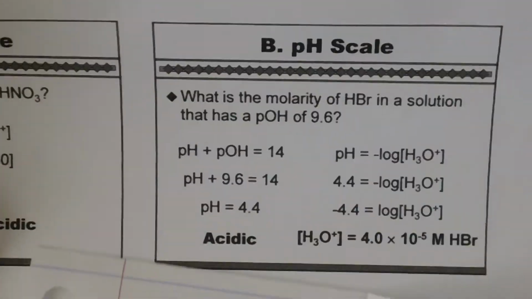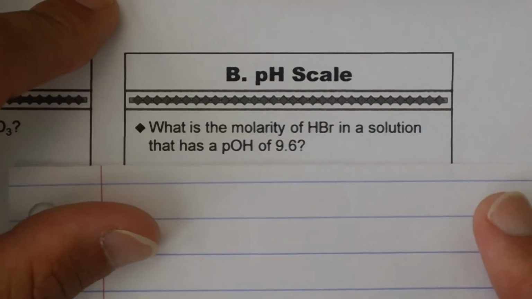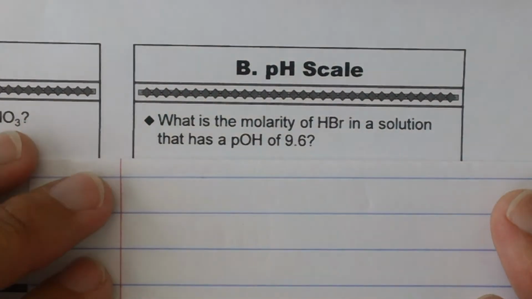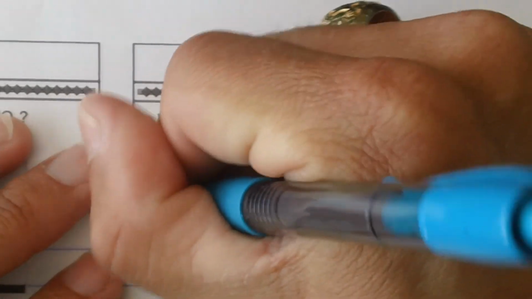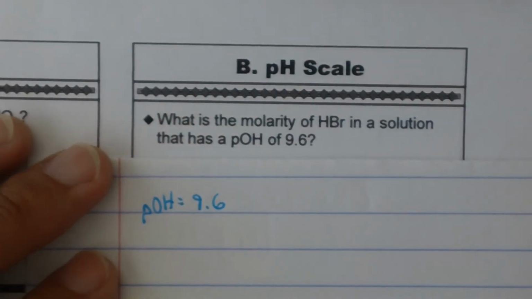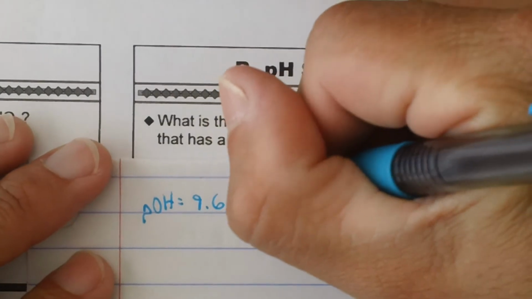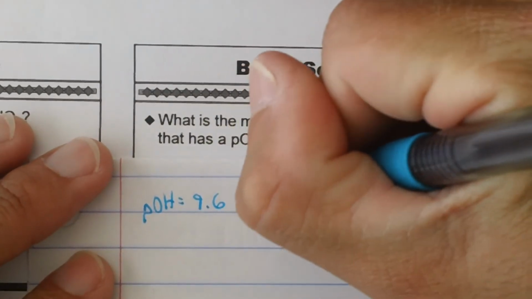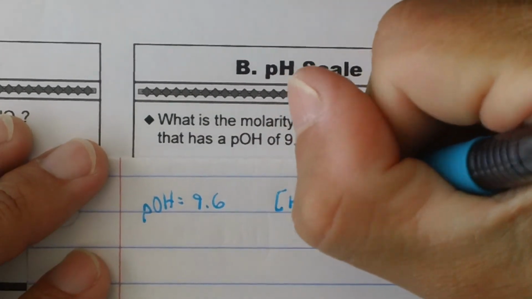And the last one here says, what's the molarity of HBr in a solution that has a pOH of 9.6? So pOH equals 9.6. They want the concentration of the acid. Concentration of the acid is the concentration of the acidic particles. That's our question mark.